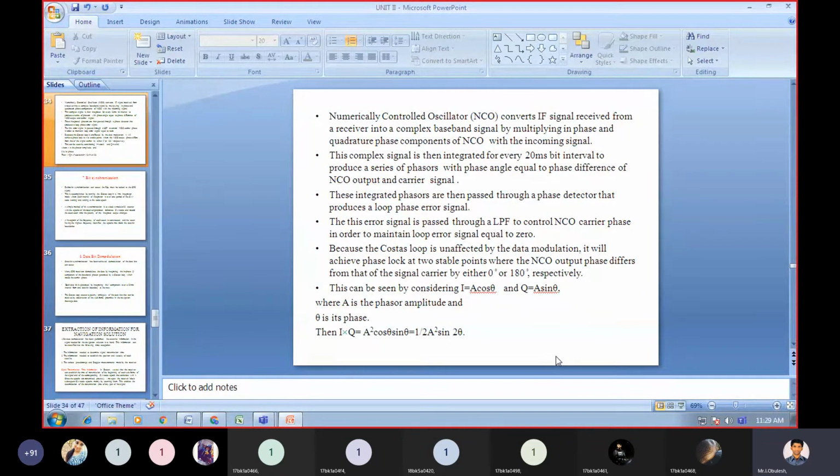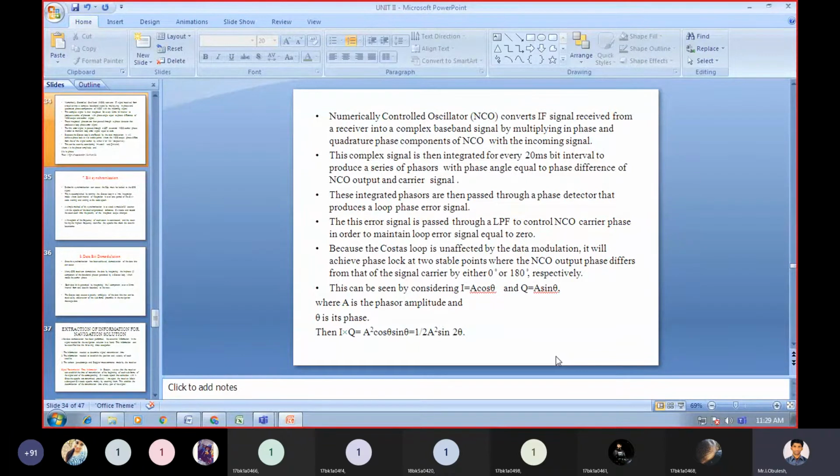Because the Costas loop is unaffected by the data modulation, it will achieve phase lock.